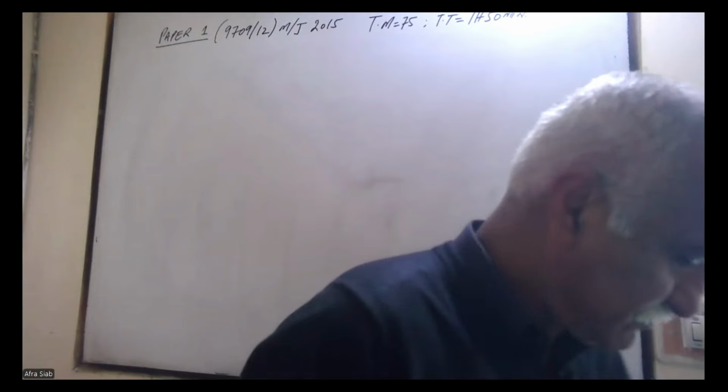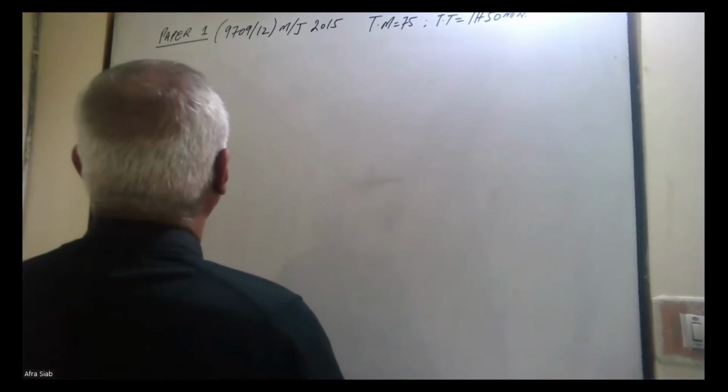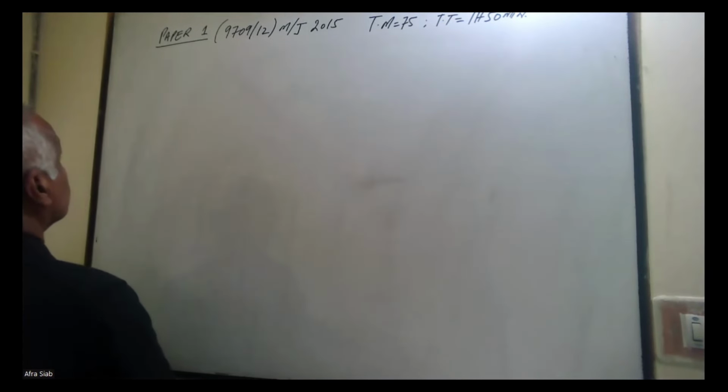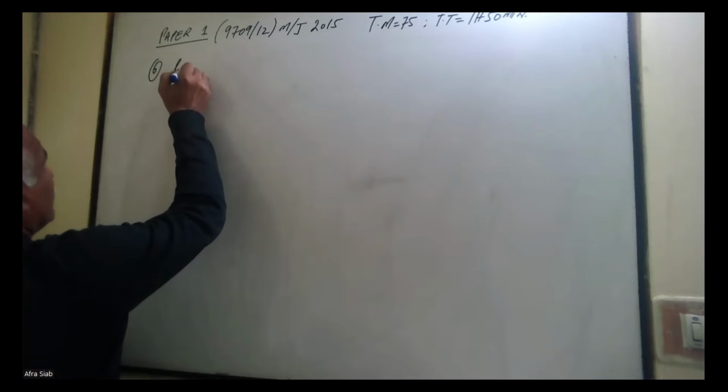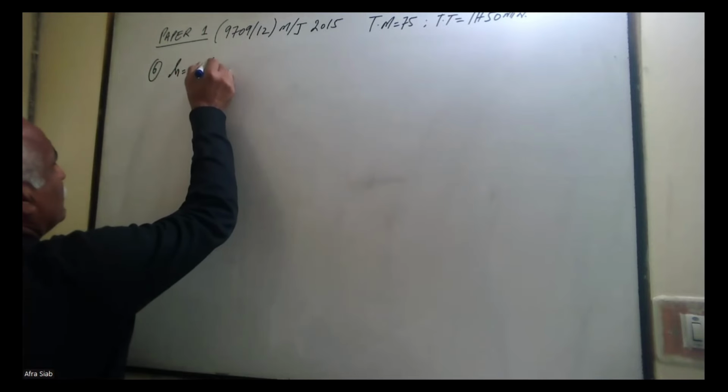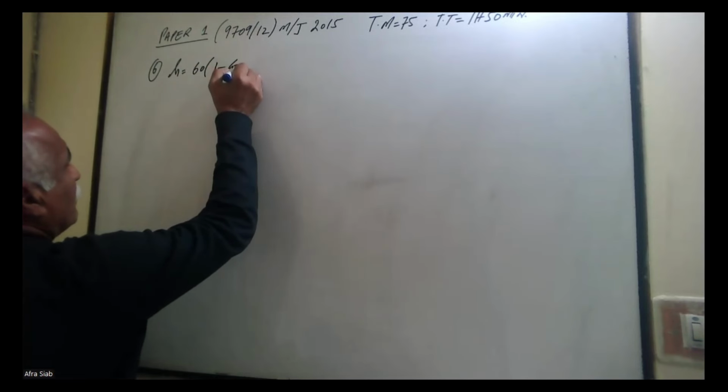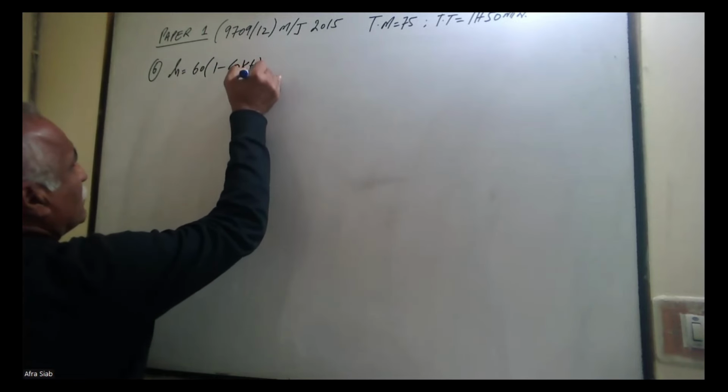This is question number 6. We know that the height of this function is given equal to 60 into (1 minus cos kt).